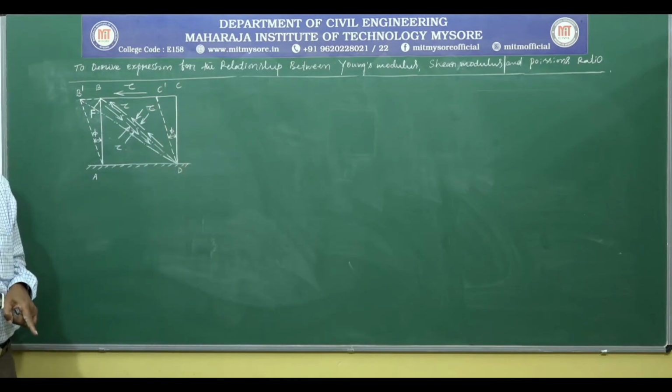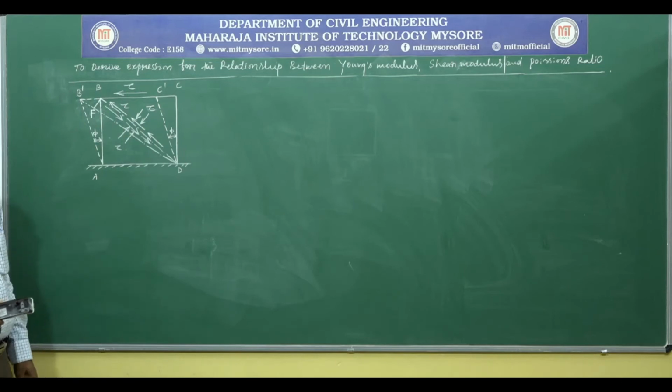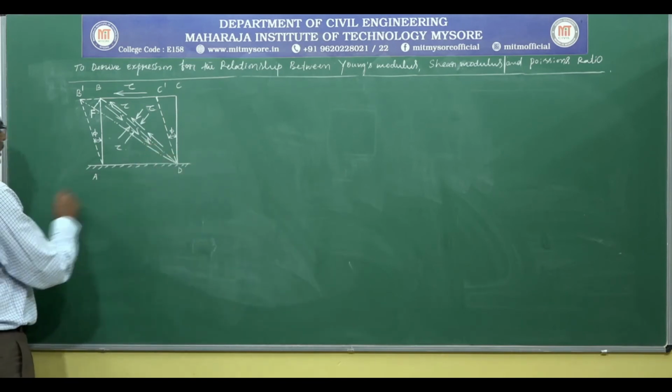So with this figure and these elements, now we can comfortably derive the expression to show the relationship between Young's modulus, shear modulus and Poisson's ratio. After writing this, now let us write the formal words.